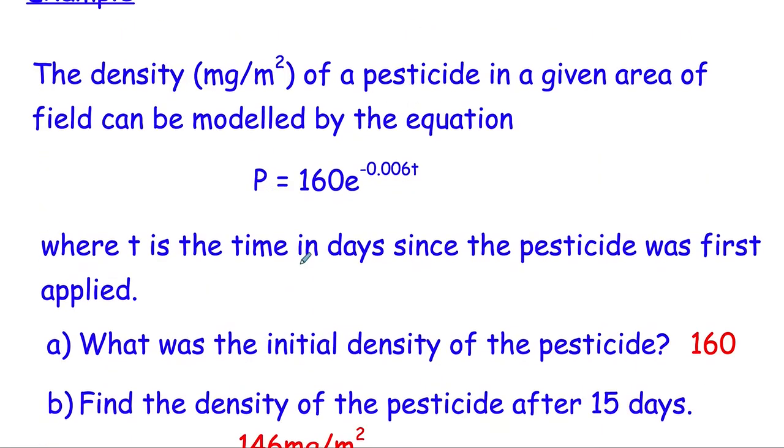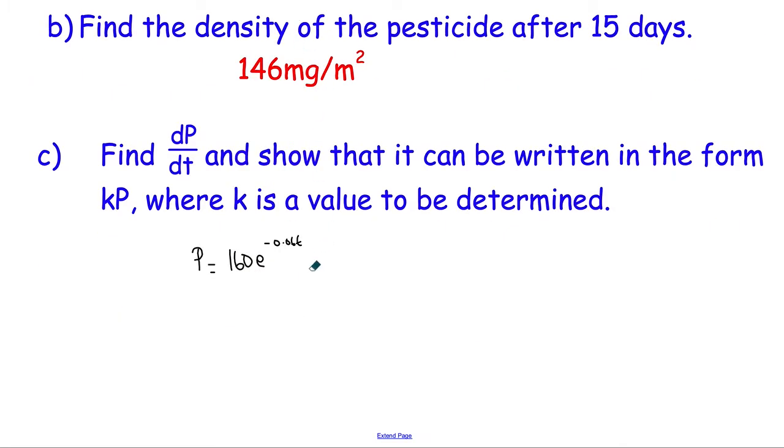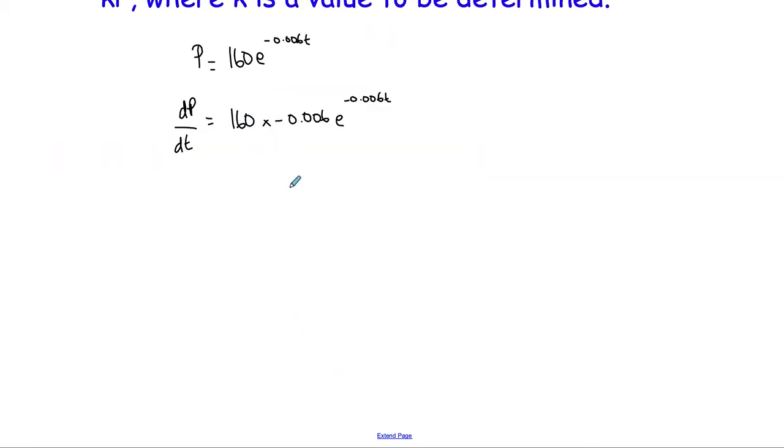So differentiating dp by dt is going to be equal to 160, that just stays there, times minus 0.006 e to the minus 0.006t. Now, I am going to times those things together, 160, no I'm not. And the reason I'm not is because it wanted us to write that as something to do with P. So I want to bring P back in.